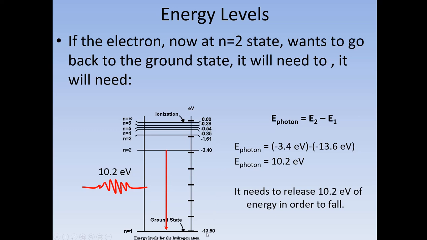Any number beyond 13.6, the electron can absorb. And in that case, any excess energy actually gets used as kinetic energy. That's the only scenario where the electron is allowed more than what's needed. Any other case, as long as it stays within the bounds of the atom, it needs exact amounts of energy, exact change.